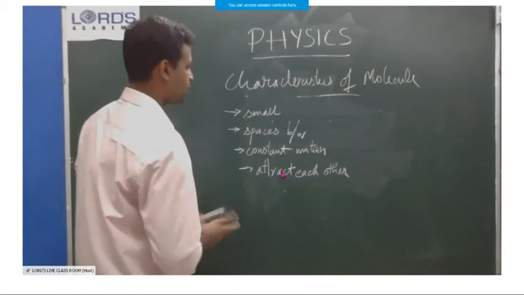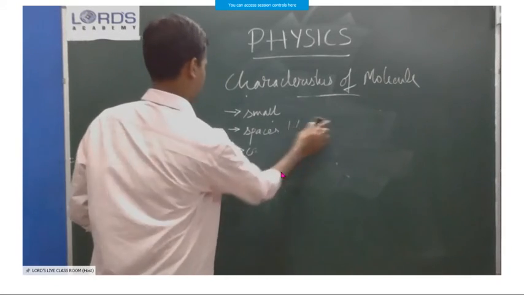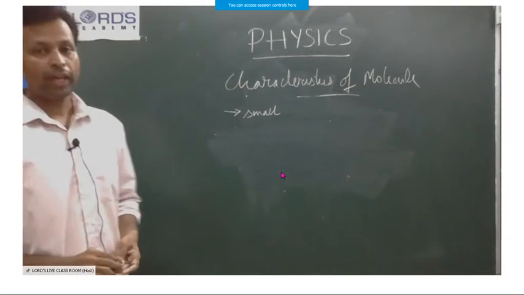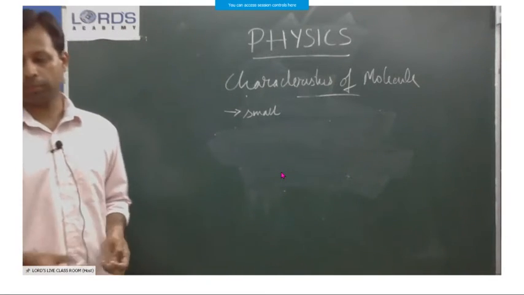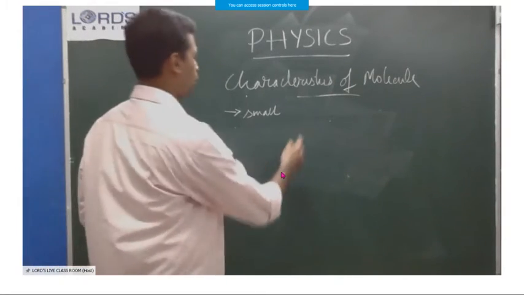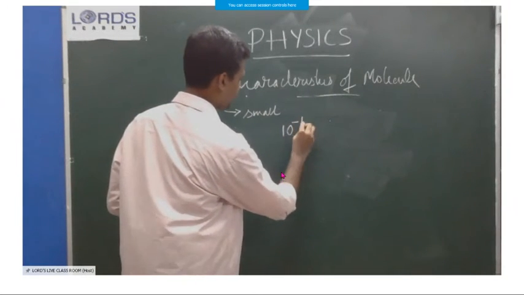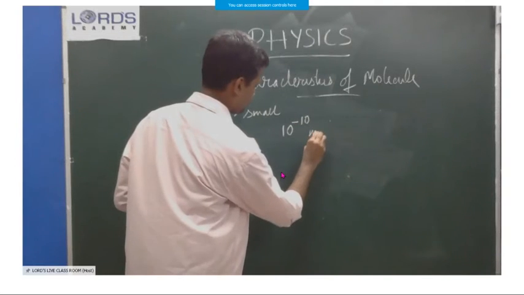Then we will see the first point. They are small. They are small means the size of a molecule is 10 raised to minus 10 meter.